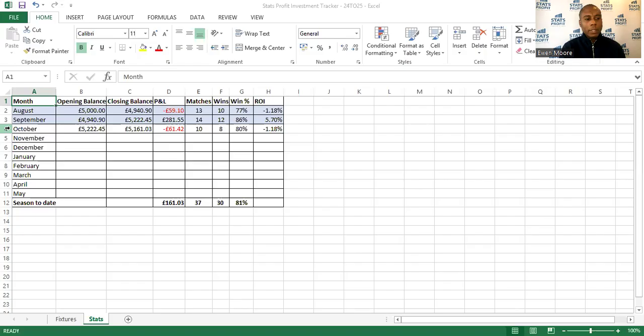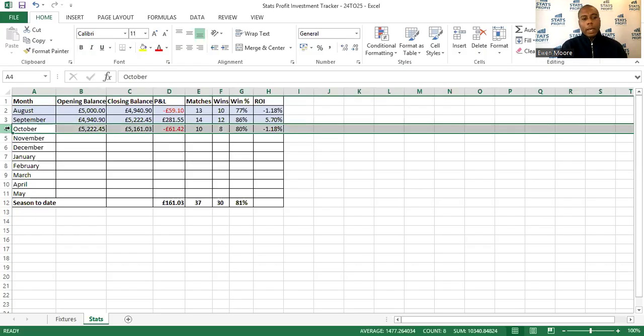So I'm flipping to my screen now, and I'm going to highlight the month of October to make it easier for you to see. As you can see, we did start the month with £5,222.45. We closed the month with £5,161.03, which did result in a loss of £61.42.